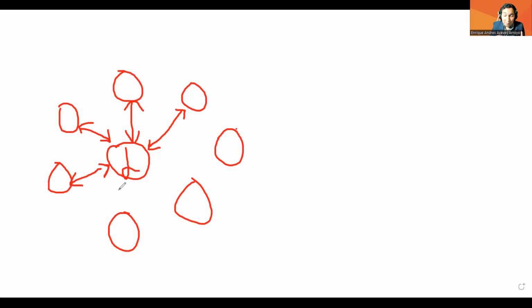But what happens if at some point these two parties are able to communicate and make decisions? And what happens if these two start to do the same, and then these two?